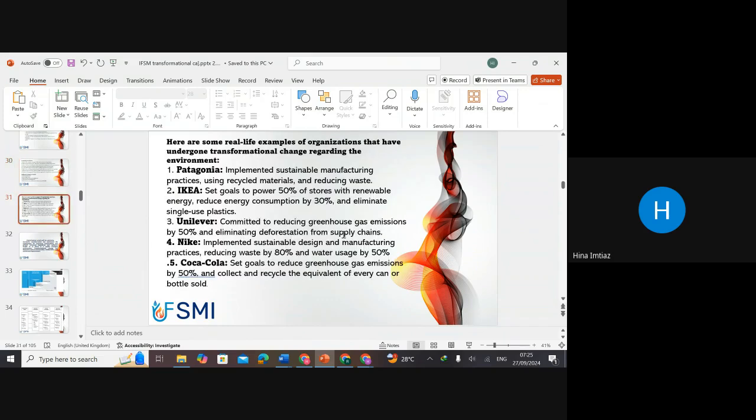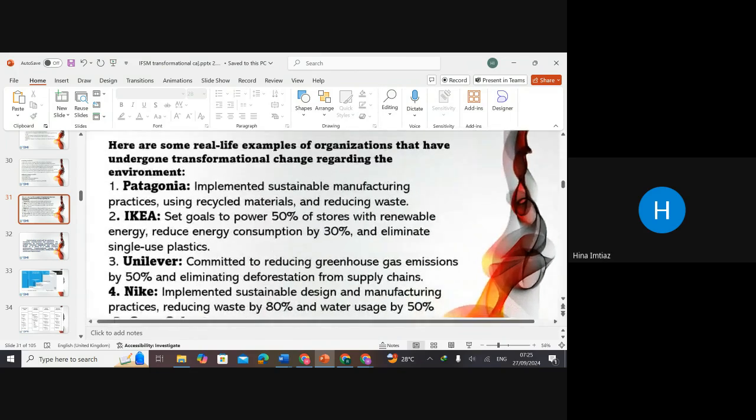So here we go. These are some real-life examples of organizations that have undergone transformational change regarding the environment. I will discuss them one by one.